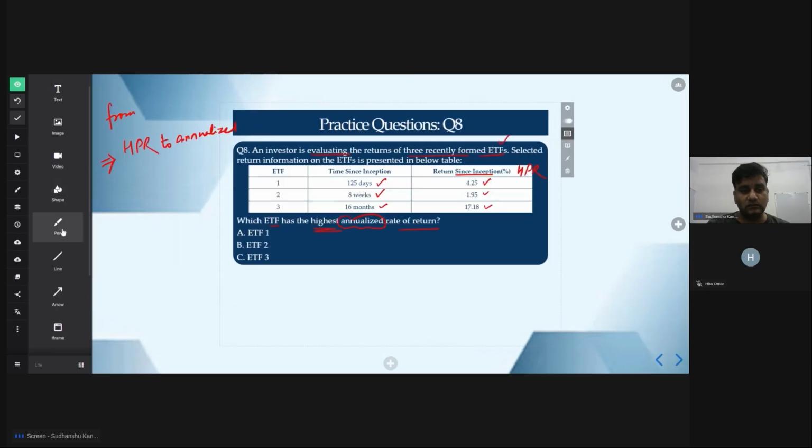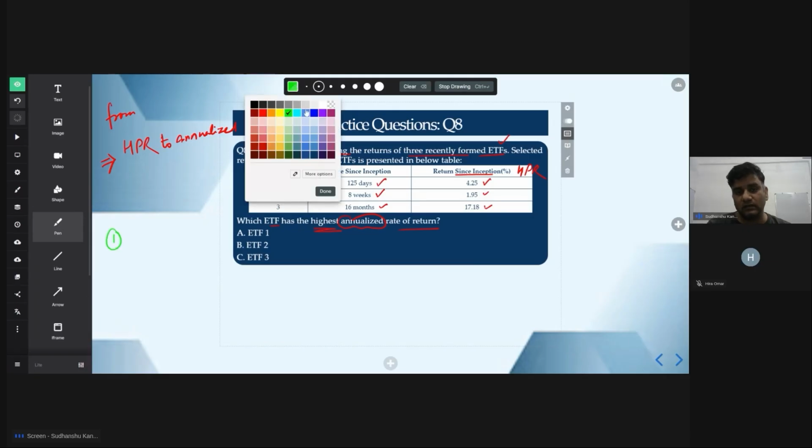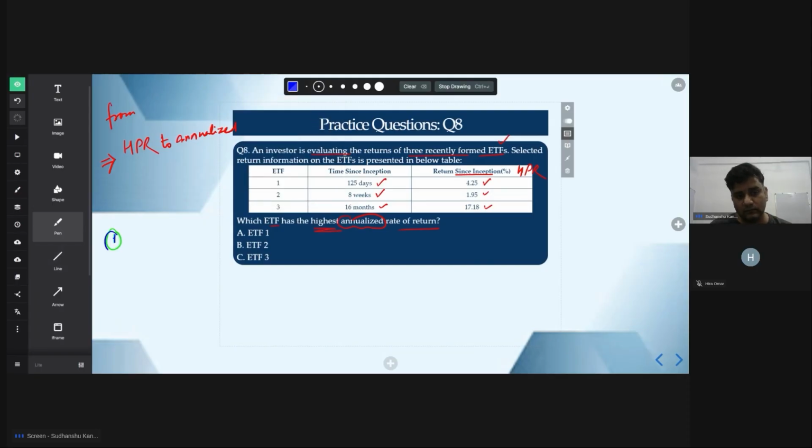Very easy. So how do I do it? For the first ETF, 1 plus HPR. What is HPR?